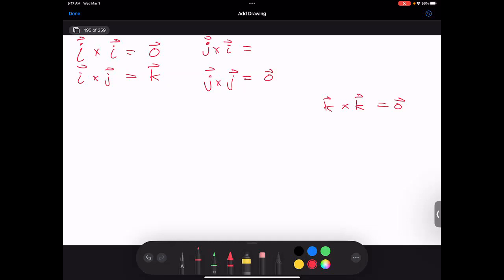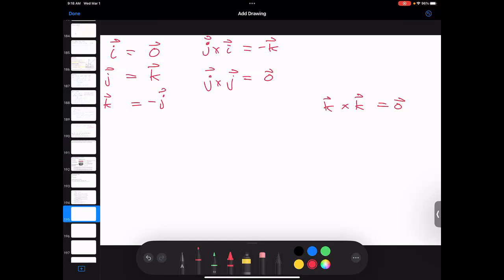Negative K. And now if we do I cross K, so we've got the x-axis curling up to the z-axis. So is it going to be J or negative J? I think it's going to be negative J.